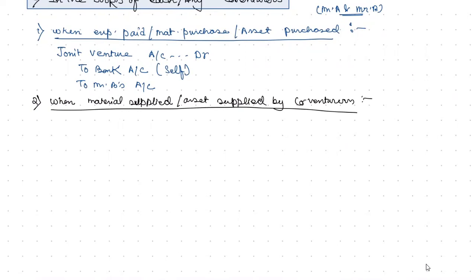No. First of all, it is an expense for the joint venture, so joint venture will be debited. But now see, if material is supplied by Mr. A himself, will it affect his cash or bank account? No. It will affect his purchase account. To purchase account, if it is self. Or if he has supplied an asset, then which account will it affect? To asset account.